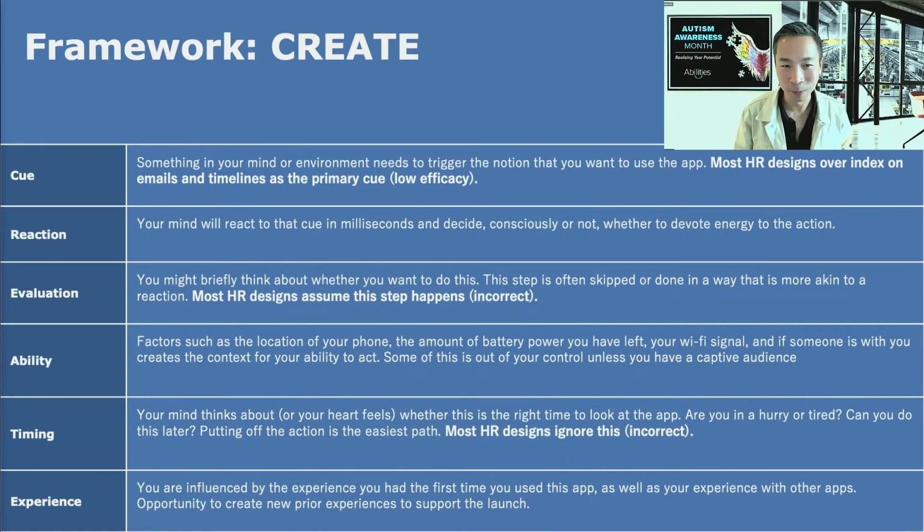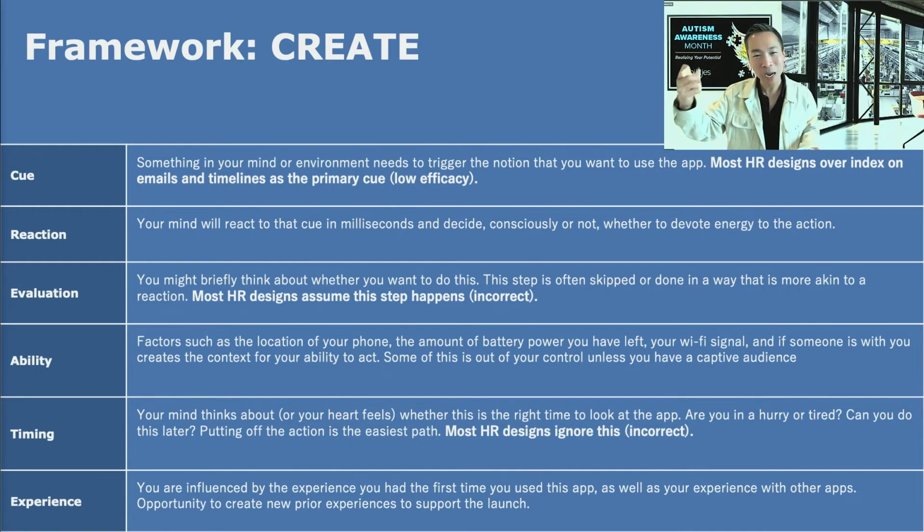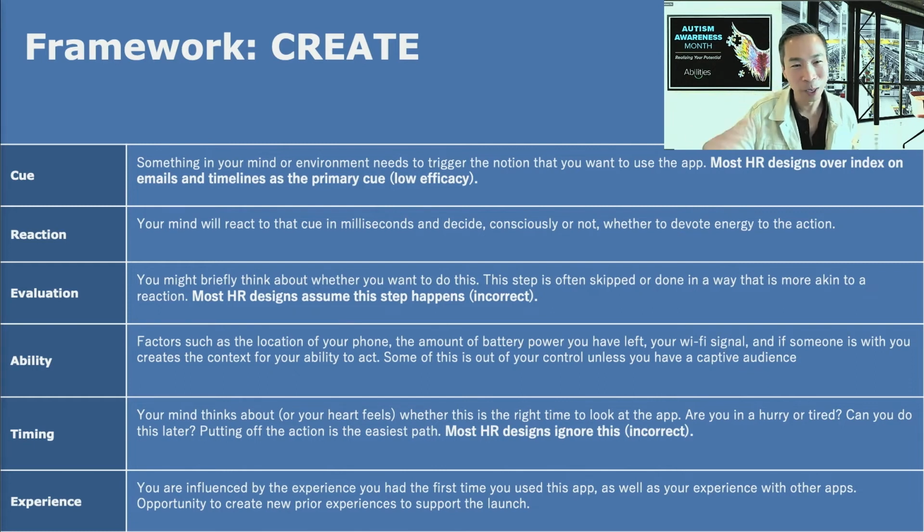Low efficacy, terrible. Because it's not really a cue, it's like a cue you have to remember, which isn't really a very effective cue. Okay, so something in my environment or in my mind has to trigger that notion that I want to use this app. Reaction. My mind will react to the cue in milliseconds and decide consciously or not whether to devote energy to the action.